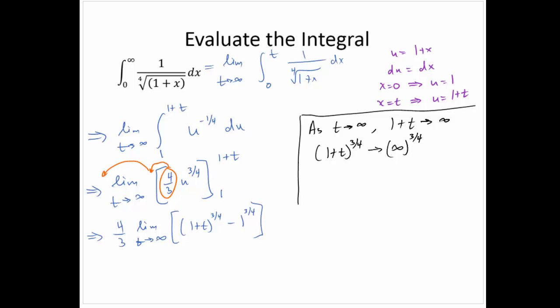Now, infinity to the 3/4, if I take infinity to a positive exponent, that's going to give me an infinite number. And so then this limit would approach 4/3 of infinity minus 1. And so this does not converge.